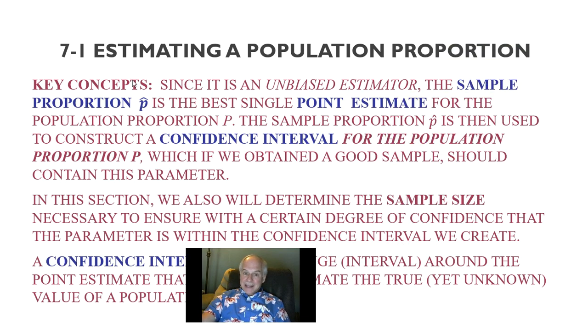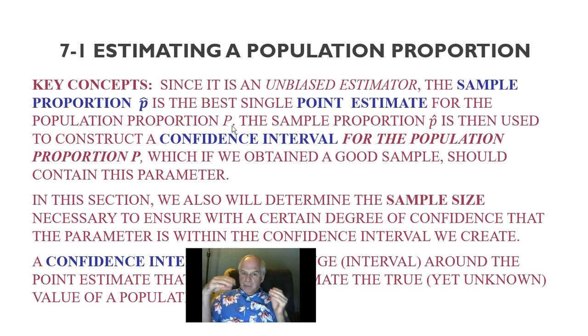Now the key concepts. First of all, you need to realize that the sample proportion p hat is an unbiased estimator and is the best single point estimate for the population proportion p. So unbiased estimator means that it's good at estimating the population value.